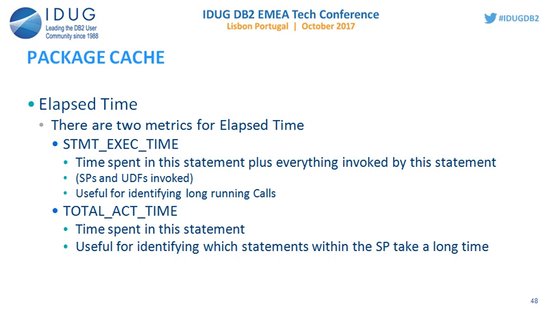Statement exec time is time spent for this statement plus everything it invokes. So if this statement is a call of a stored procedure, the total activity time is really small. The call doesn't take any time, but the statement exec time could be big because the things inside it are taking time.